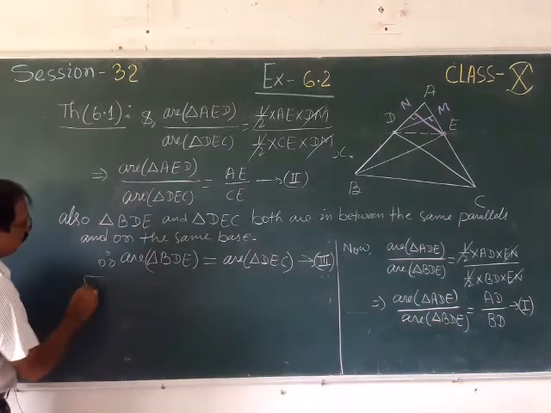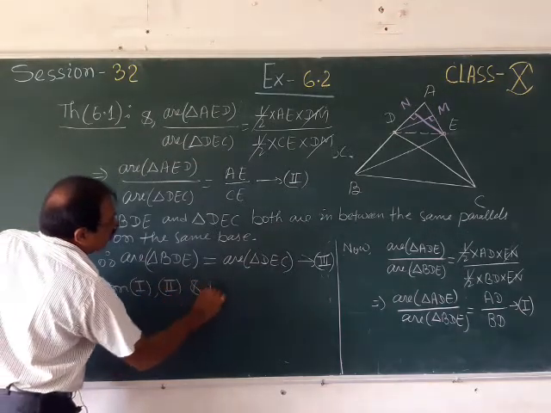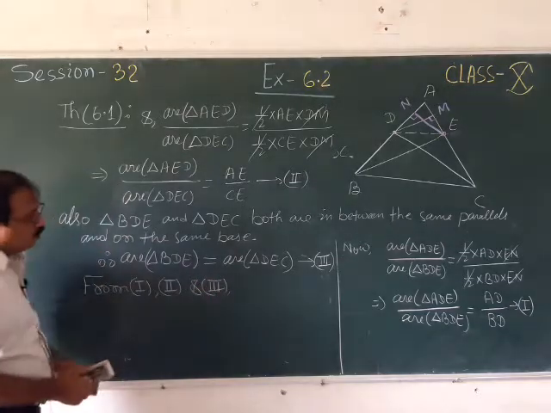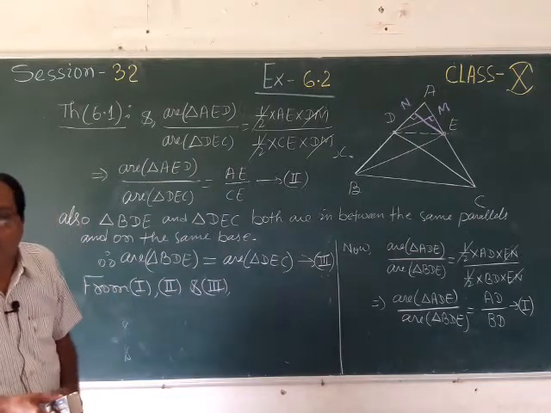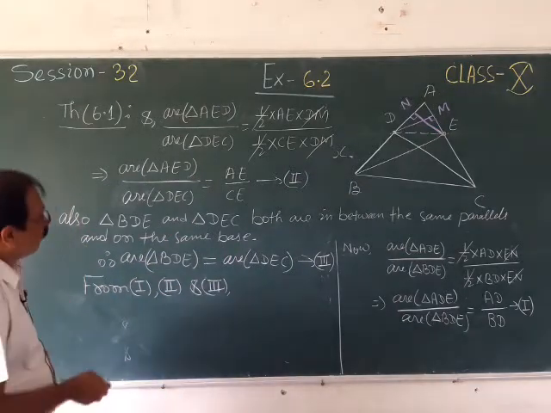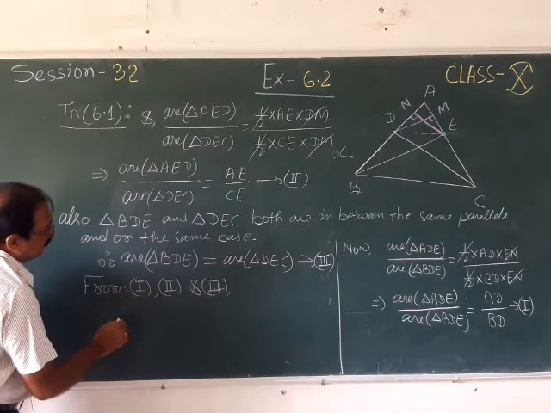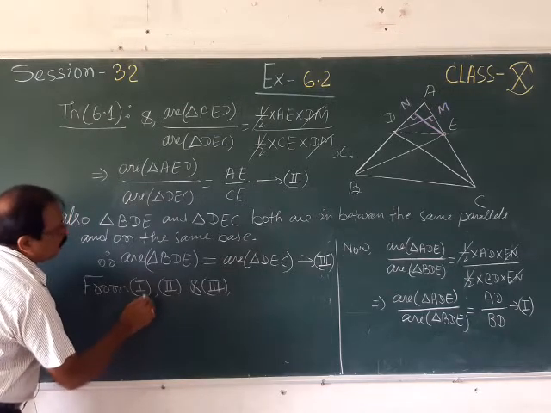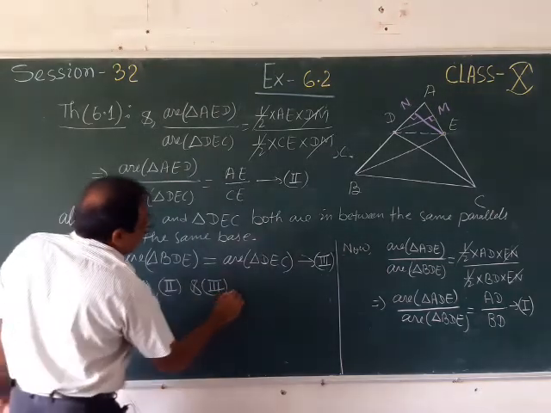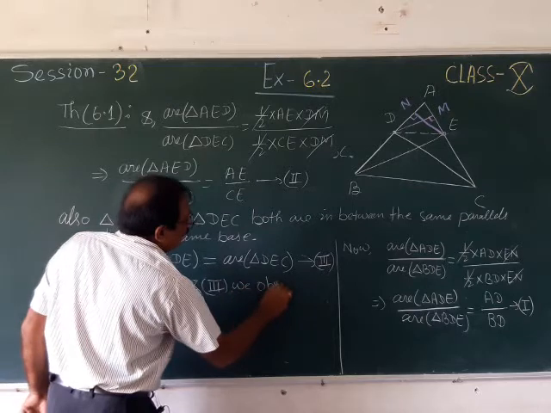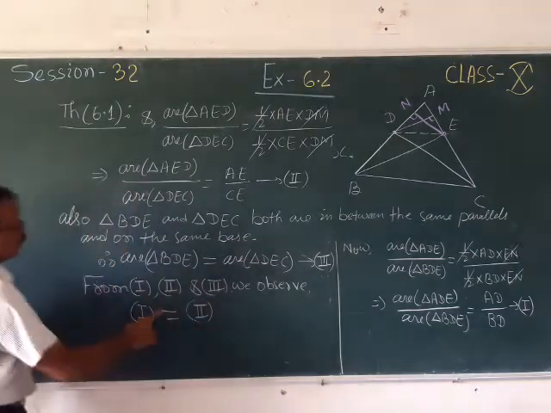After looking at first, second and third, you can say that first and second both are equal. Therefore, we observe, first is equal to second.